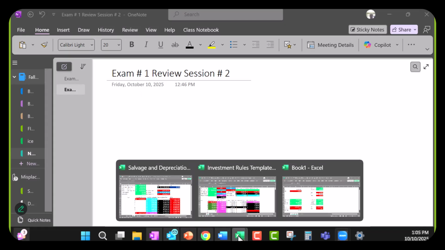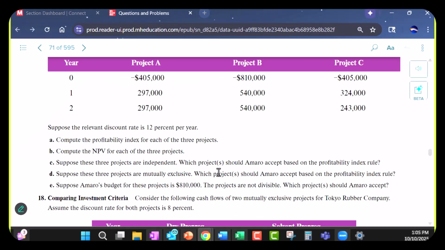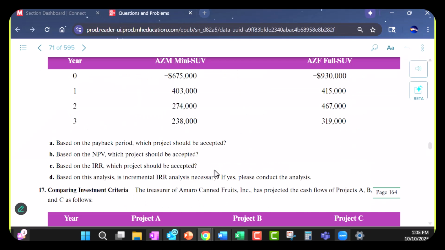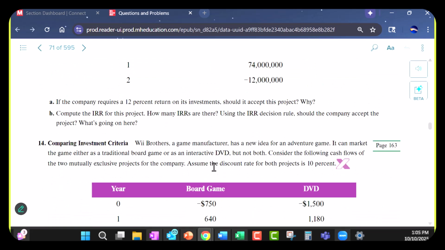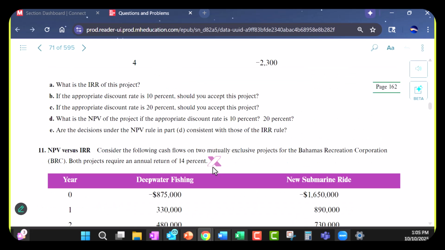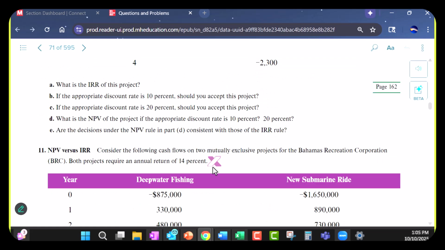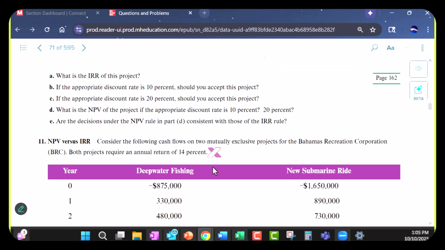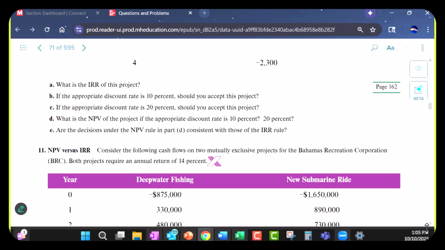Let's talk about some of the end of chapter problems on chapter 5. All right, here's a set of problems.